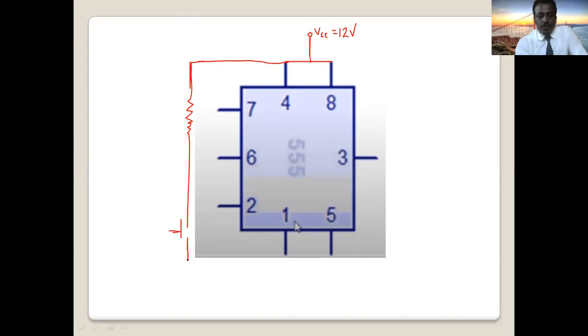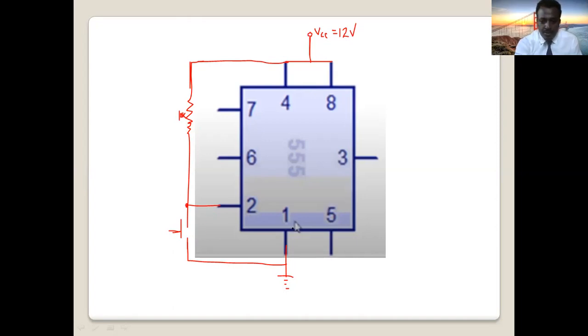Pin number 1 in the timer is our ground, okay? So this pin number 2 is connected to the switch, one of the inputs. So you can use here a 10 kilo ohm resistor, 10 k external, connected to pin number 2.